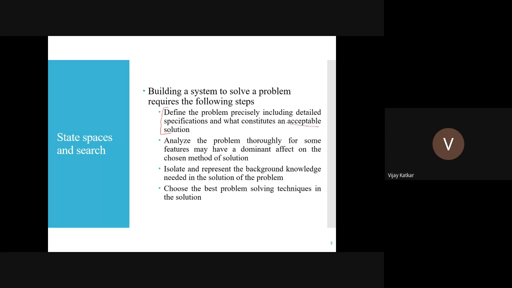What might be acceptable to you might not be acceptable to someone else. For example, you guys are okay with a Dell laptop, but some person says, no, I want only a Mac.